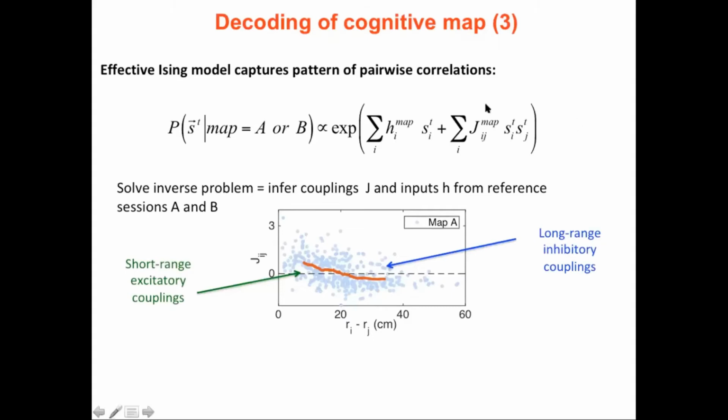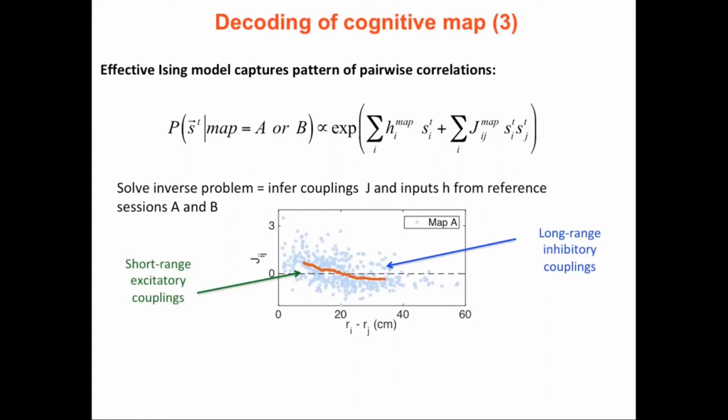If you look at the interaction we find here, for instance, in box A, which corresponds to one of the data sets recorded by Carrère, we can plot Jij as a function of the distance between the place field centers of neurons i and j in box A. You see there is a lot of dispersion, but if we plot the sliding average as a function of the distance, we see that Jij is positive at small distances and becomes negative at large distances.